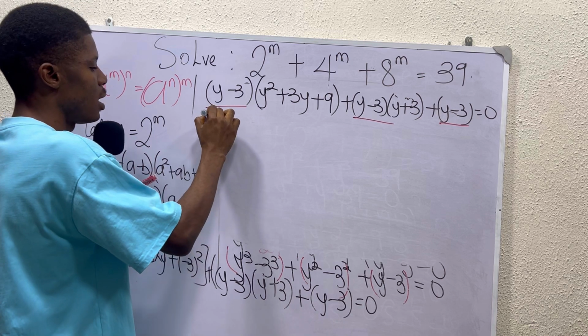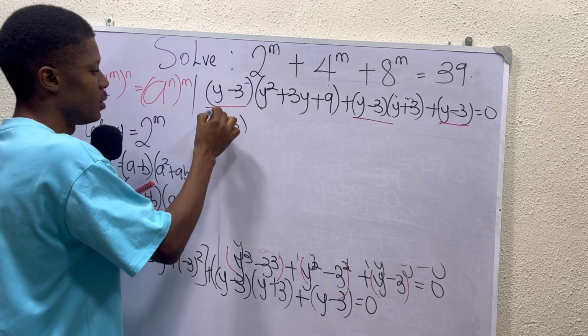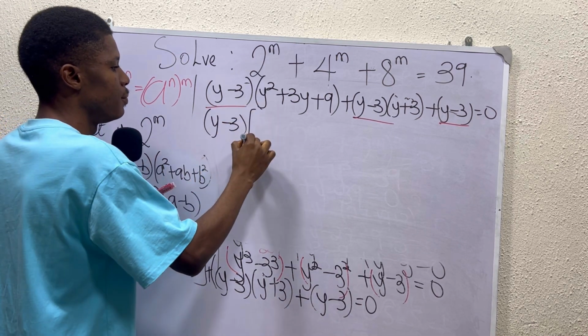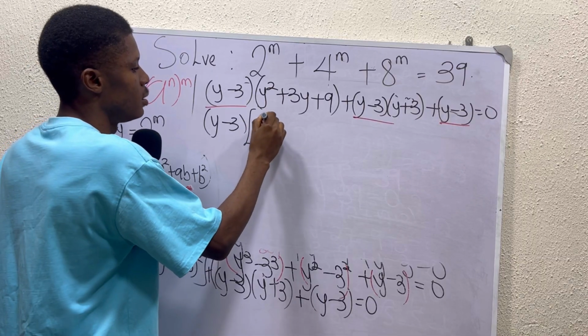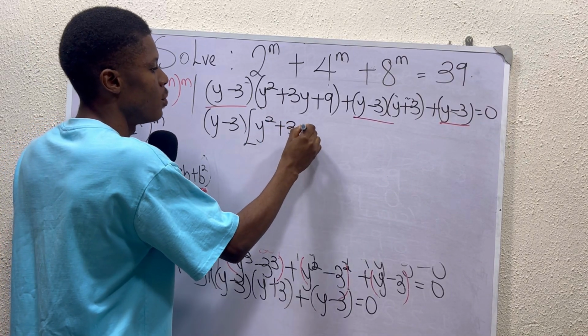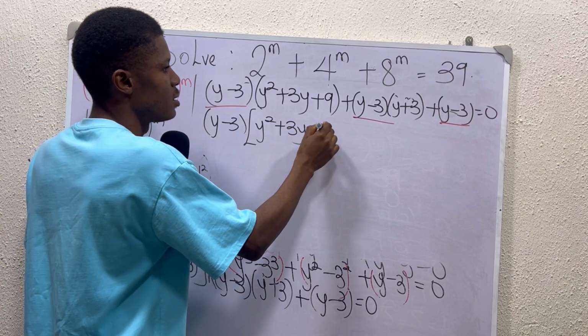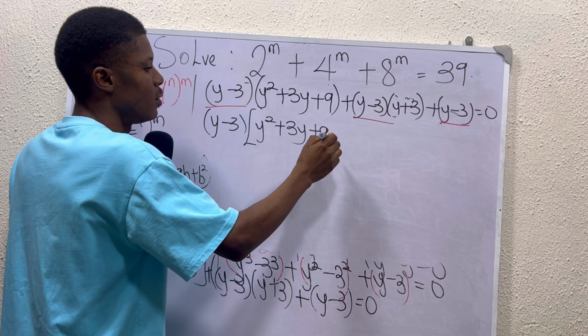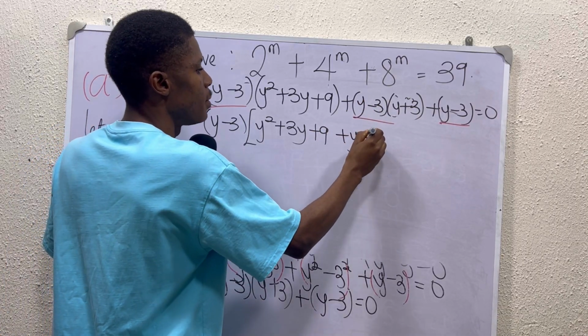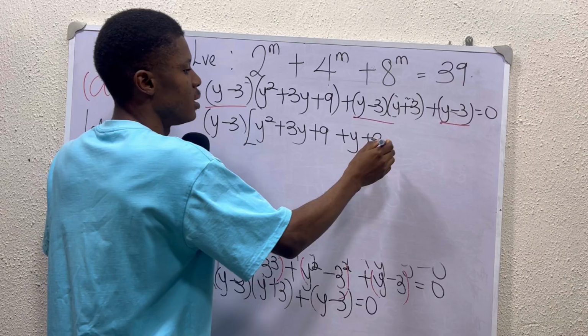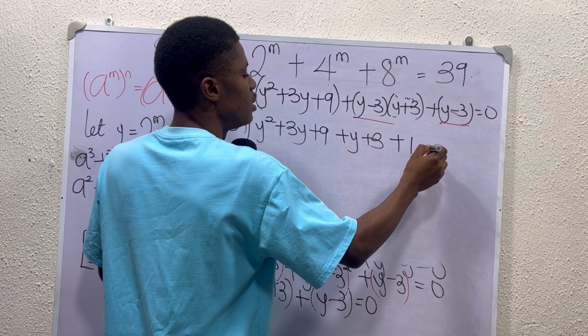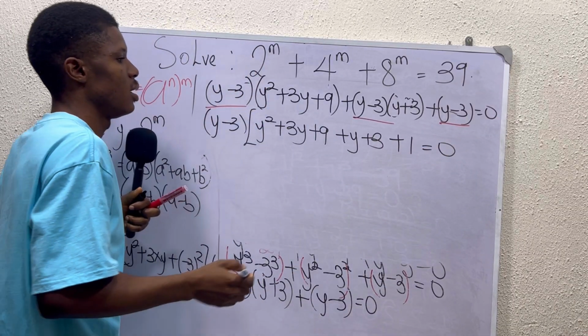If I factorize y minus 3, I'm left with y squared plus 3y plus 9. The next one that follows is plus y plus 3. The next one that follows is 1, and that equals 0.